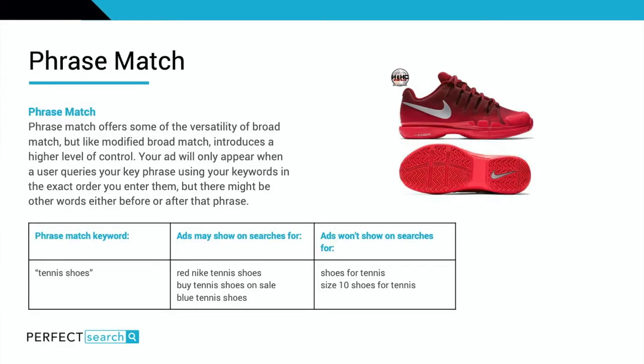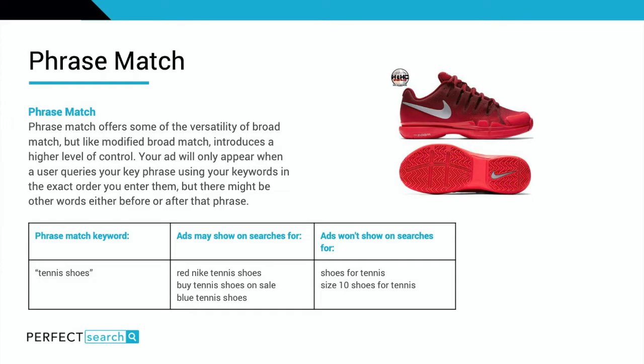query. Moving to a little bit more specificity here is phrase match. So phrase match offers some of the versatility of broad match, but just introduces a higher level of control. And basically your ad will only appear when a user searches for the key phrase within your keyword. So the example we give here is tennis shoes, and phrase match keywords are denoted by quotations.